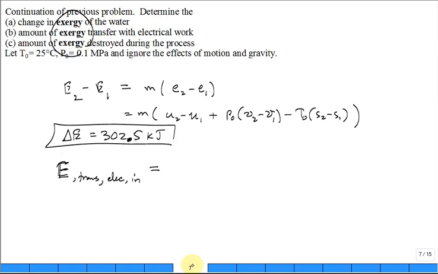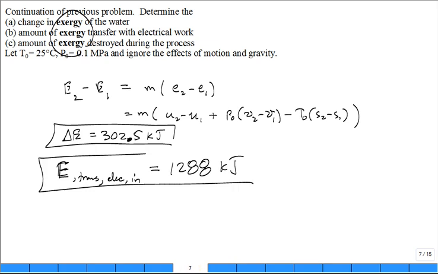Now I want to know what is the exergy transfer with that electric work coming in. 1288. What does that mean? It's a one-to-one. What do you mean one-to-one? If I have so many kilojoules of organized energy transfer in work, that's how much exergy transfer in kilojoules.